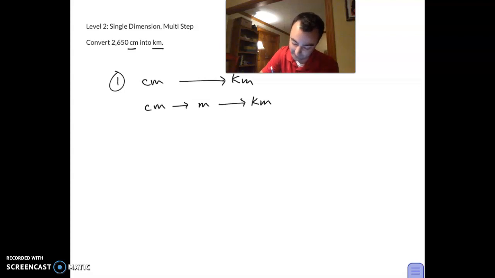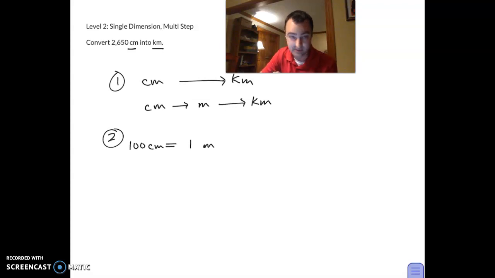So in this example, we have multiple steps. We need to convert centimeters to meters, and then we're going to convert meters to kilometers. So every time you have one of these steps, every time you have a point in this pathway, you will be able to find an equality for those two things. So we need an equality between centimeters and meters.